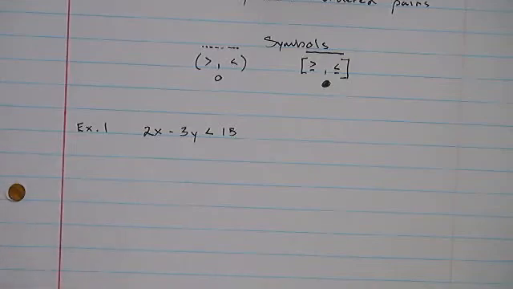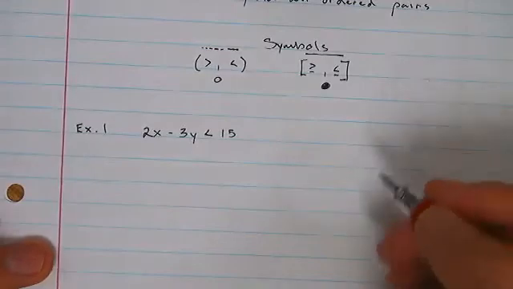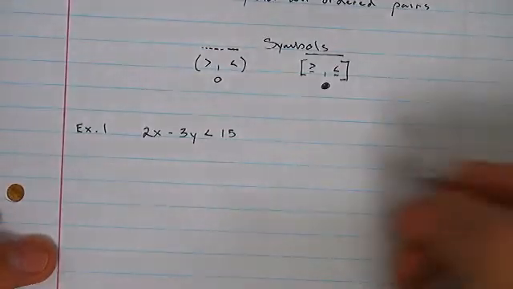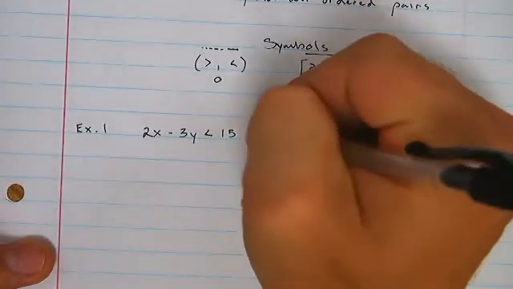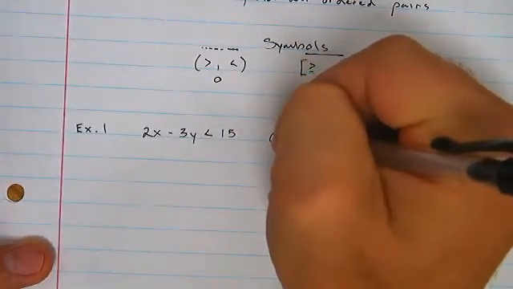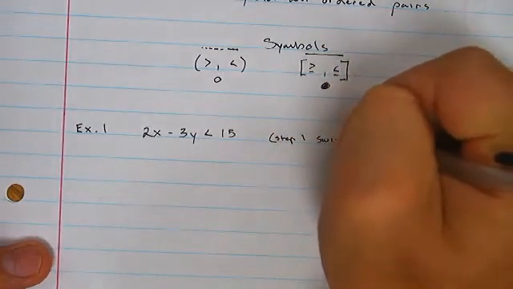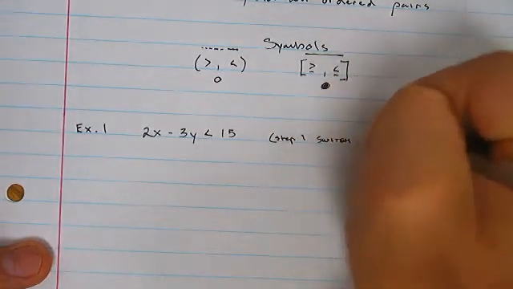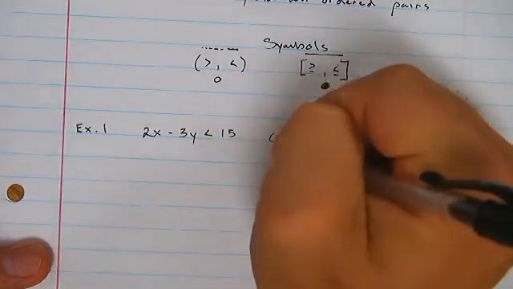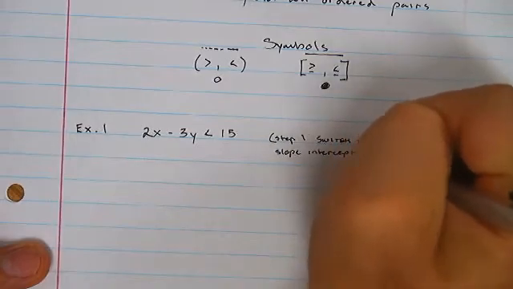All right. So as before, we need to switch this over to slope intercept, right?